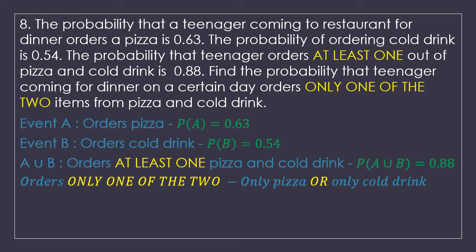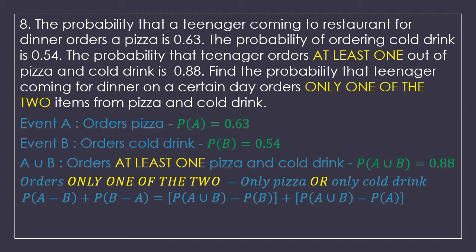So we have to calculate the probability that either he only orders pizza or he only orders a cold drink. Here or depicts the positive sign. So only pizza is the difference event A minus B, and only cold drink is the difference event B minus A. So what we need to do is probability of A minus B plus probability of B minus A. Now the formula was already explained in the same tutorial 1.3, how to calculate those probabilities.